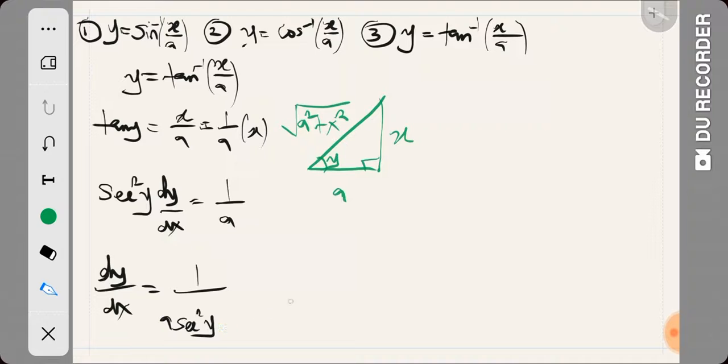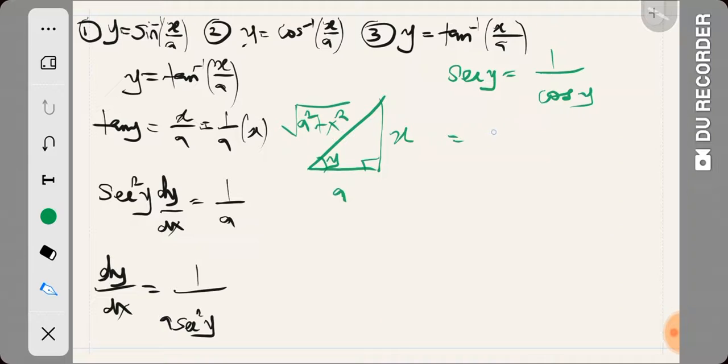Now note that sec y is generally 1 over cosine of y. Cosine of y from here is a over hypotenuse, which is adjacent over hypotenuse, but since we have the inverse of it, we have hypotenuse over adjacent.